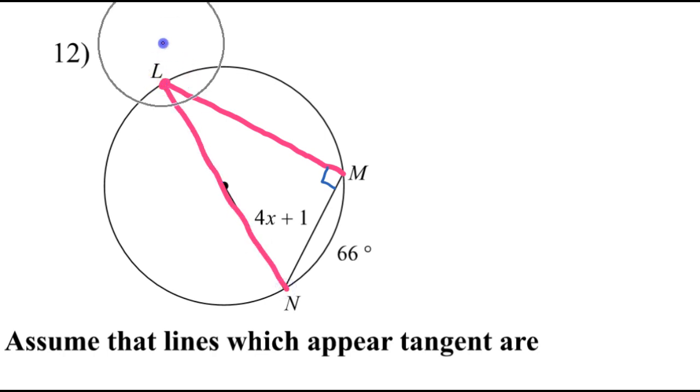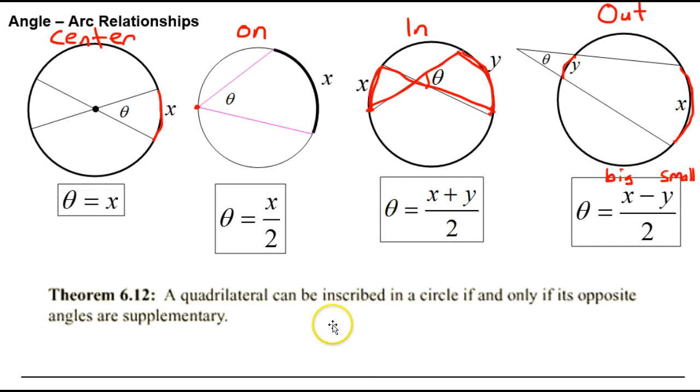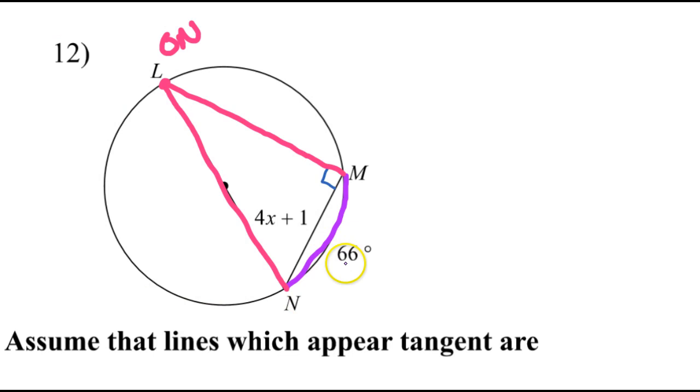All right, right here at L is on the circle. And do you see that this is the arc that goes with it? The intercepted arc, if you will. So again, remember, the angle is half the arc. So if the arc is 66, that means that the angle must be 33.